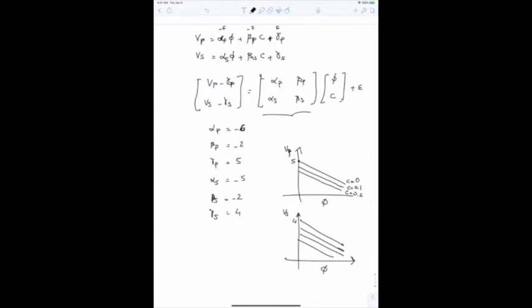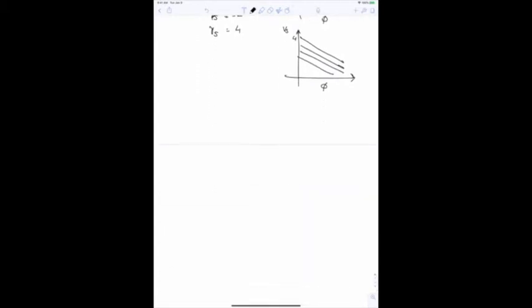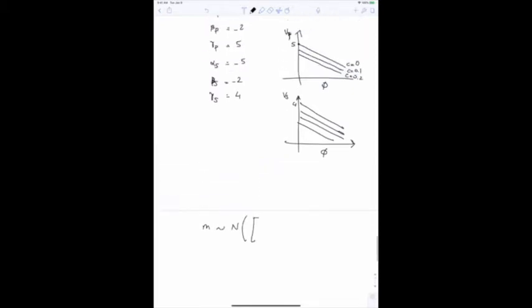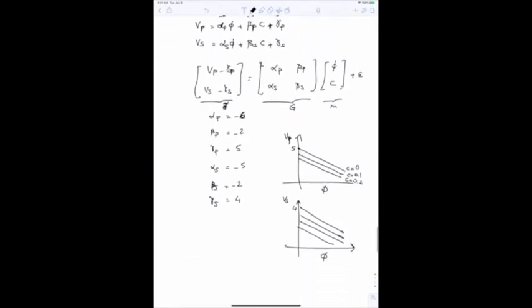Okay, so we have our matrix G, we have our model M, we have our data D tilde because it's a data set where we subtracted the constant. Now we have to specify a prior. So M is distributed according to a Gaussian distribution where it's a bivariate Gaussian distribution because we have 2 model parameters, porosity and clay content.